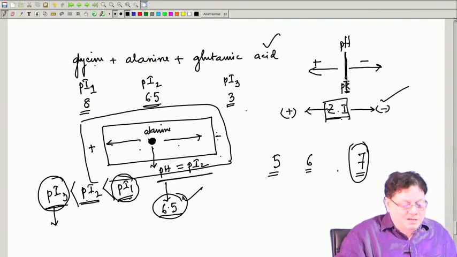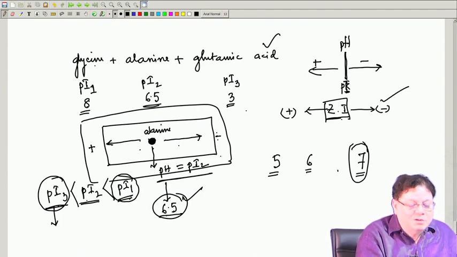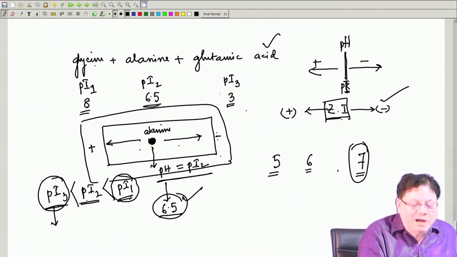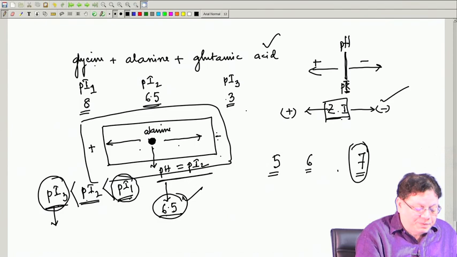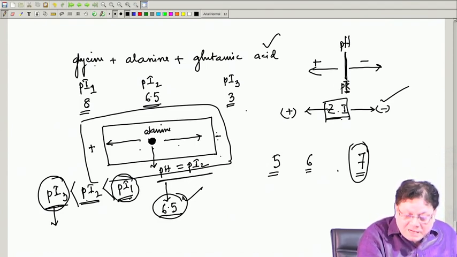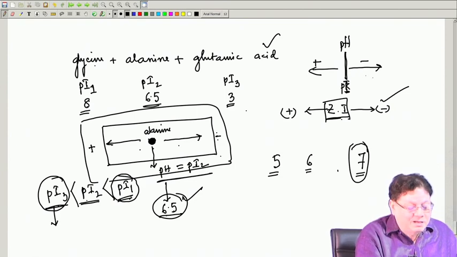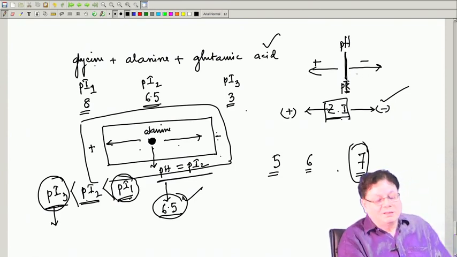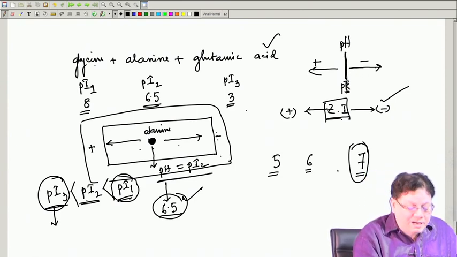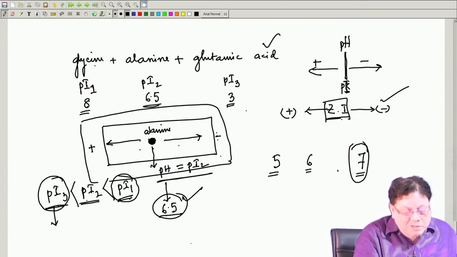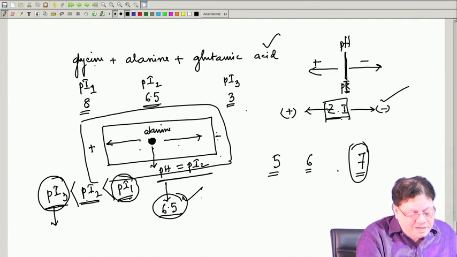Now we have to decide: glutamic acid has a pI of 3, which is less than the pH that is maintained. That means it is on the negative side, because the pI is 3 but the pH is much more than that. So, it will be present in the negative form.